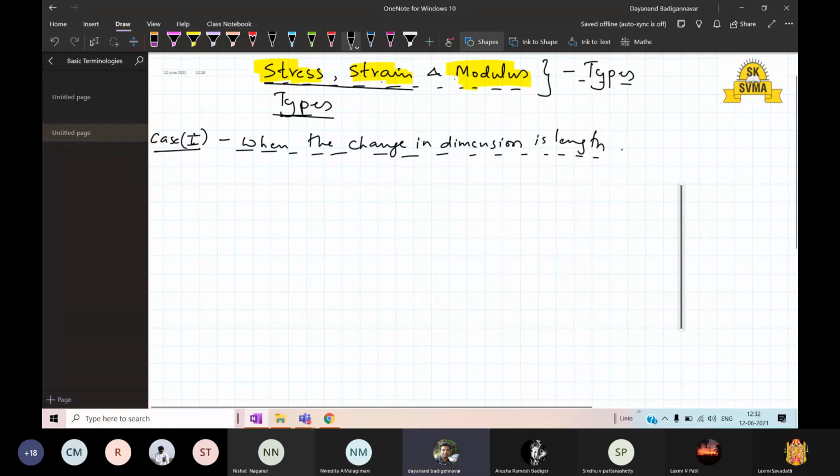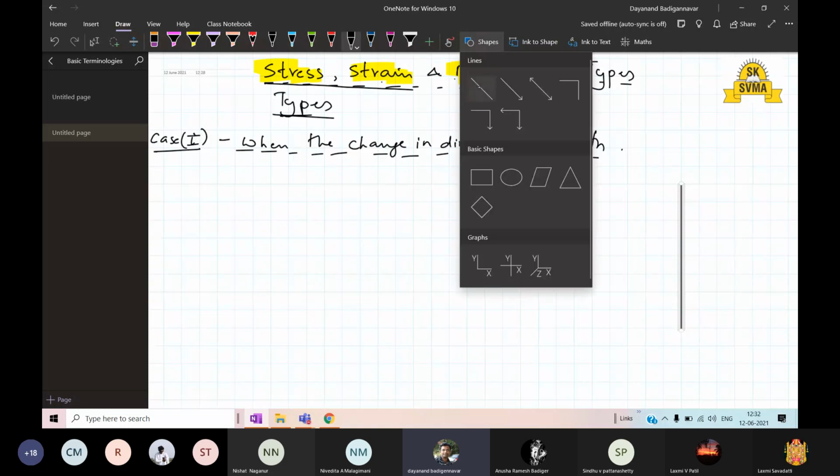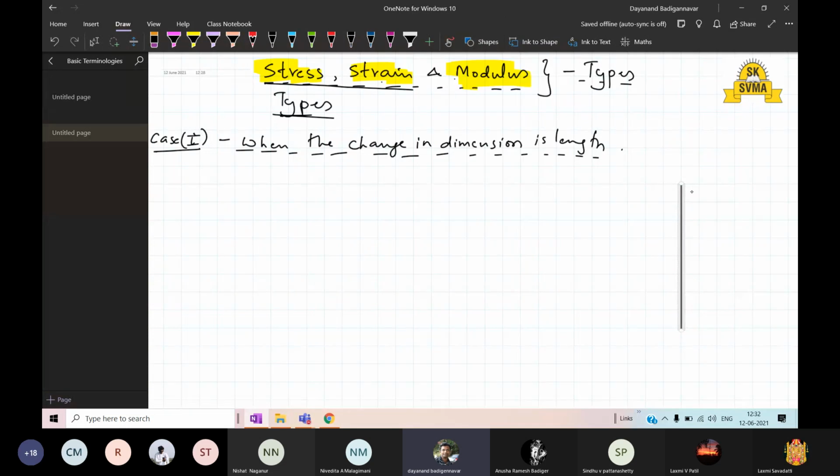Now one end of the wire is fixed to the surface, and the other end we are applying a force.